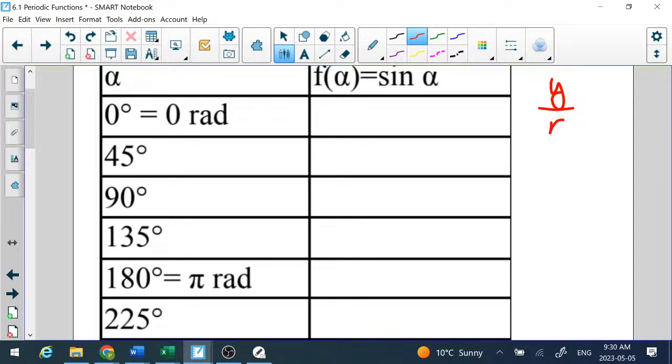Okay, Jaheim, are you done? Let's go, guy. Step your game up. For 45 degrees, it should be root 2 over 2. What's 135 going to be?